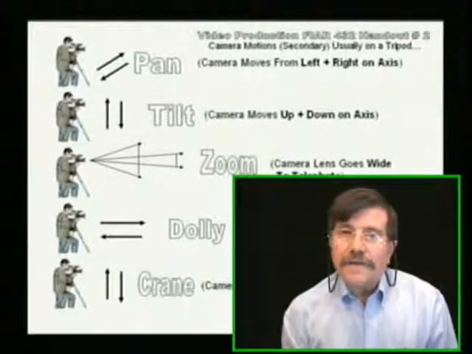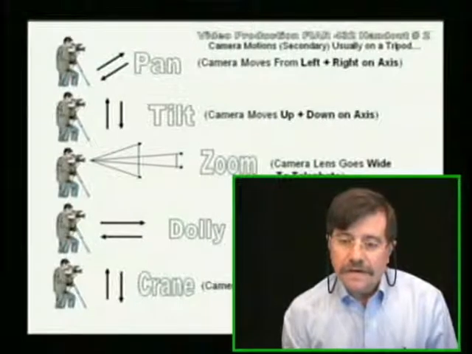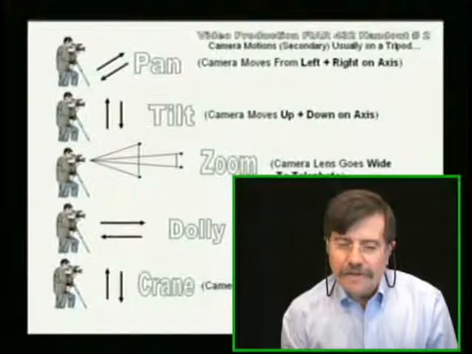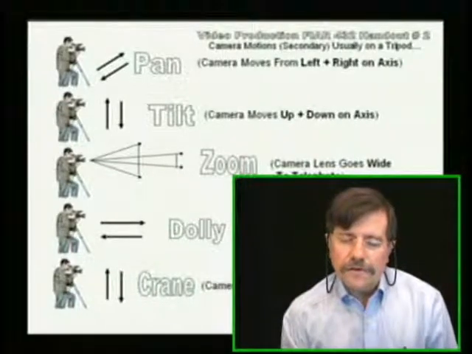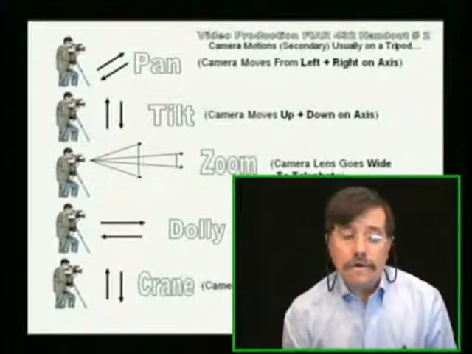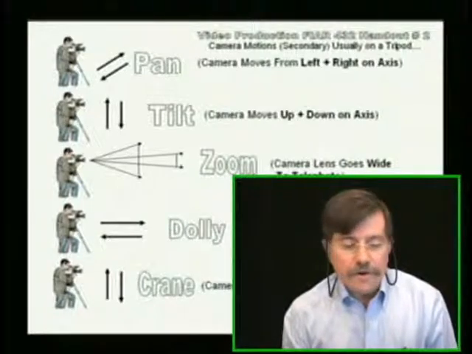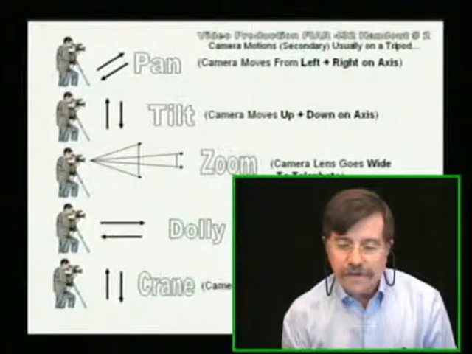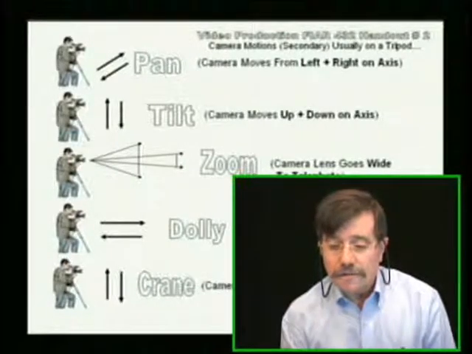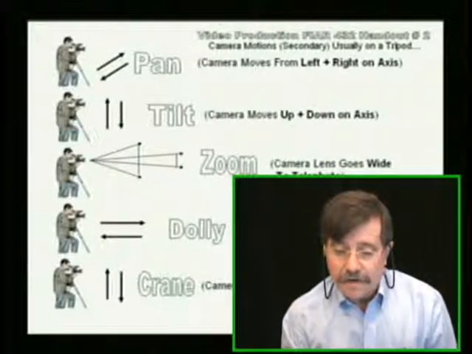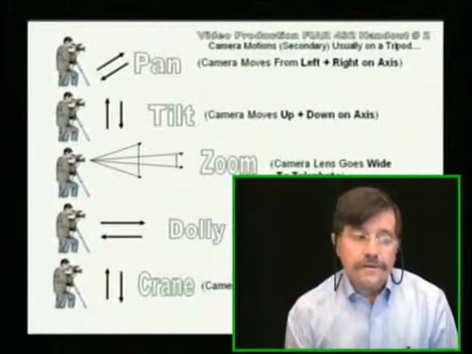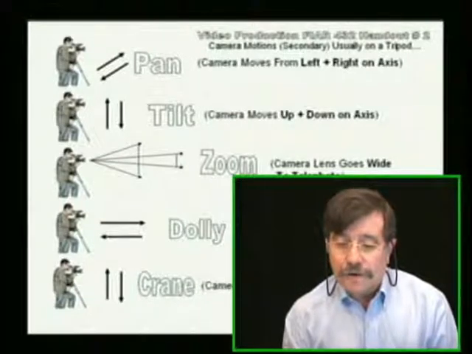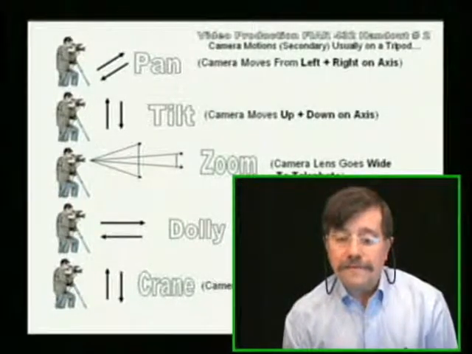We talked about the kinds of shots and the kinds of basic motions associated with it, but for every shot that you do, whether you do a close-up, a medium, a long, or whatever shot you do, there are going to be probably at least two or more of these motions you're going to have to do. In order to get a close-up, you're going to either have to dolly or zoom in to the subject. You're going to have to probably tilt up, tilt down. You may have to crane. There are any number of things you may have to do.